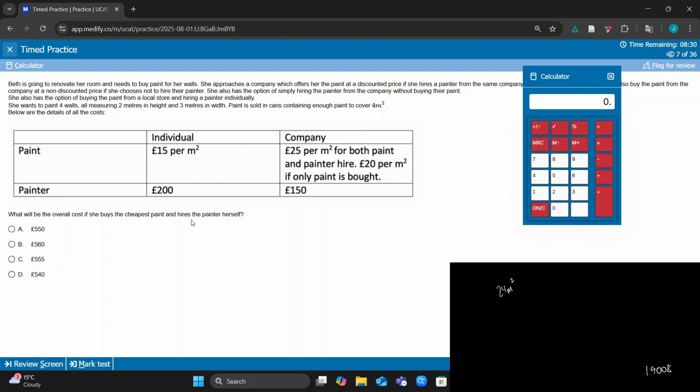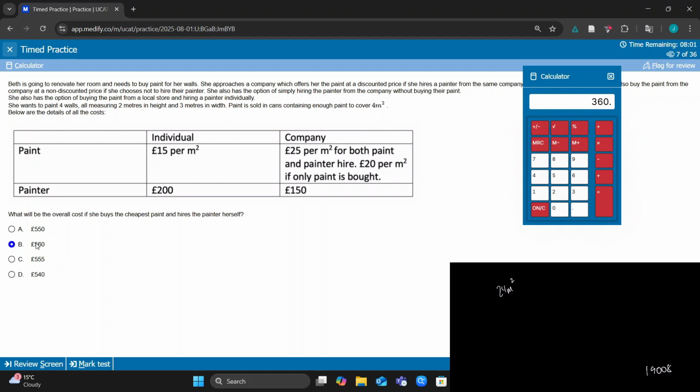She buys the cheapest paint and hires the painter herself. The cheapest paint. So it's going to be 15 times 24, plus the 200. Hires the painter herself.